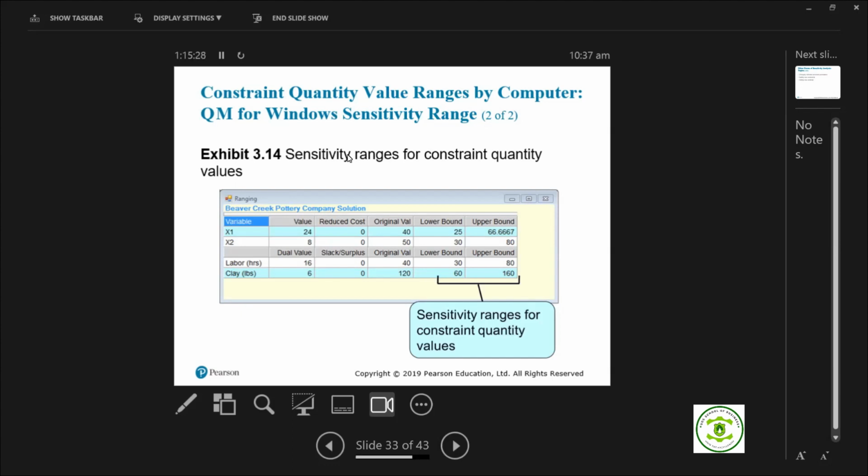You are interpreting the value of the coefficient of the objective function. You are saying that if this one decreases from 40 to 25, the right number of volts to produce is 24. If it reduces beyond 25, then 24 volts will no longer be the right number to produce in order to be optimal.